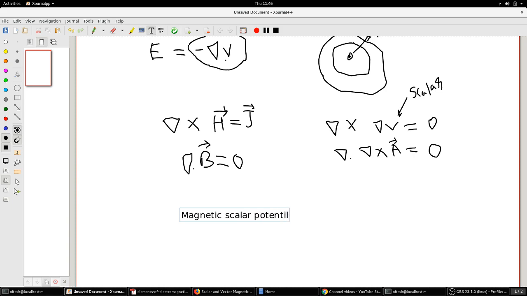Okay, so now let's define a term called magnetic scalar potential. Just like how we defined electric potential, let's define a magnetic scalar potential given by H, which is analogous to E, the electric field intensity.